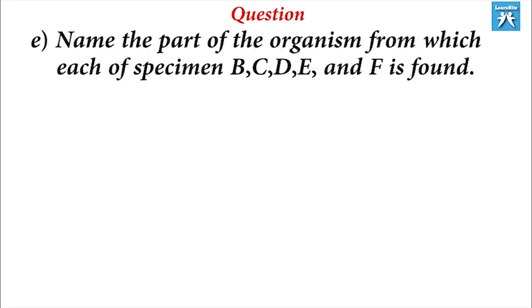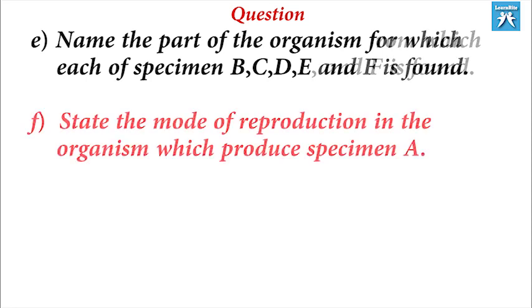Name the part of the organism from which each of specimens B, C, D, and F is found. Next question. State the mode of reproduction in the organisms which produce specimen A.